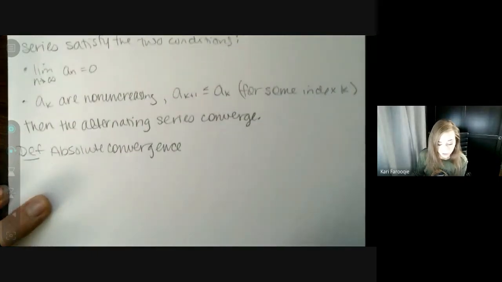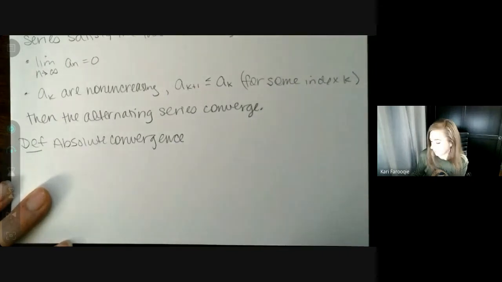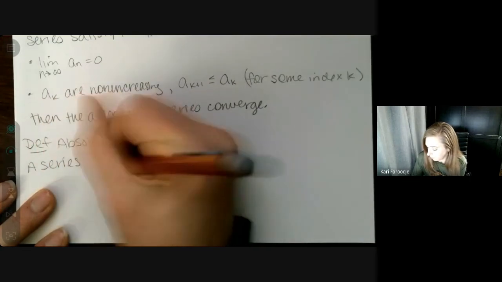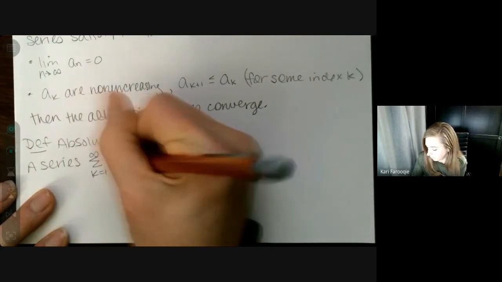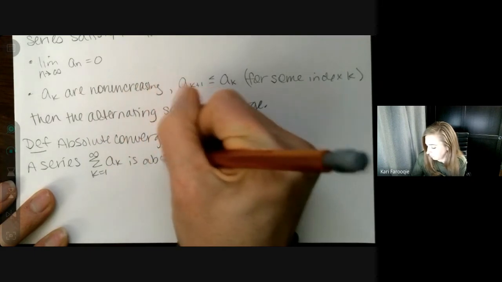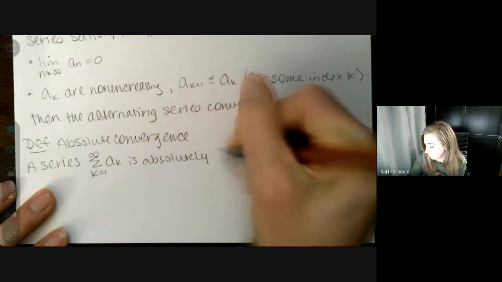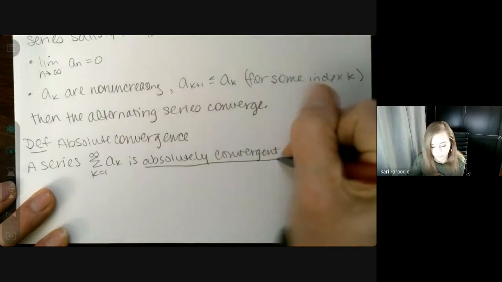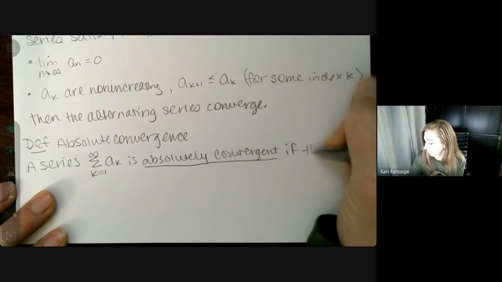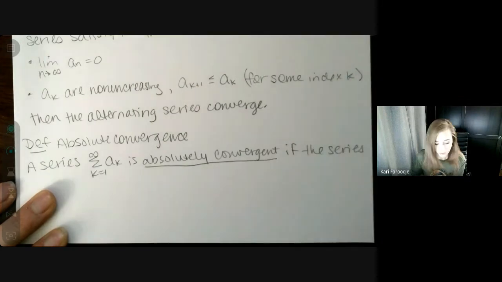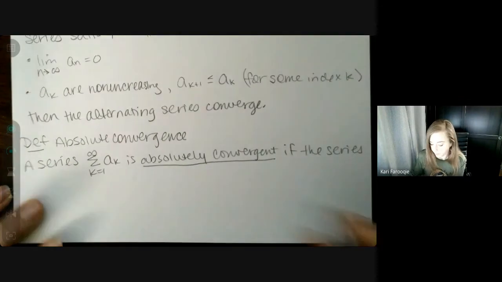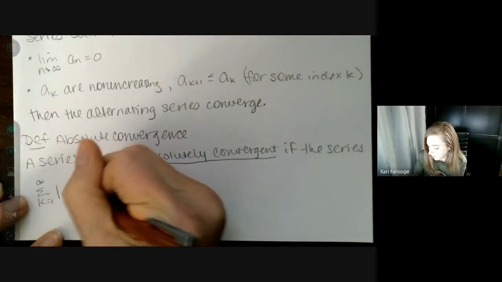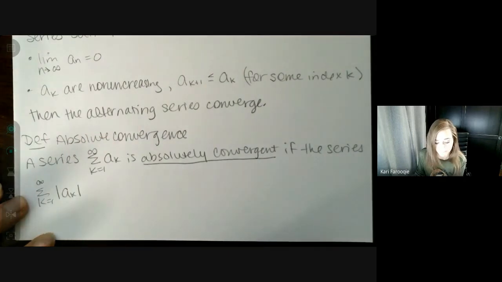A series from 1 to infinity a sub k is absolutely convergent if the series from k equals 1 to infinity of the absolute value of a sub k is convergent.